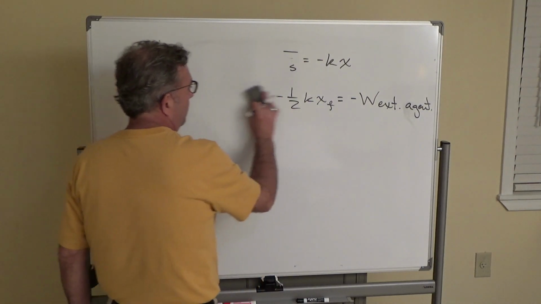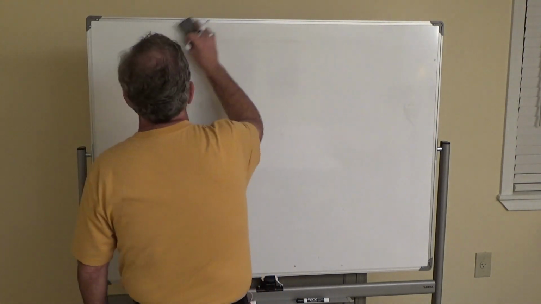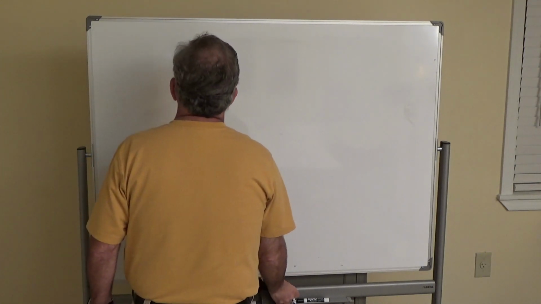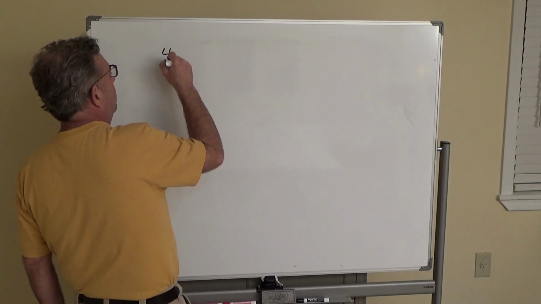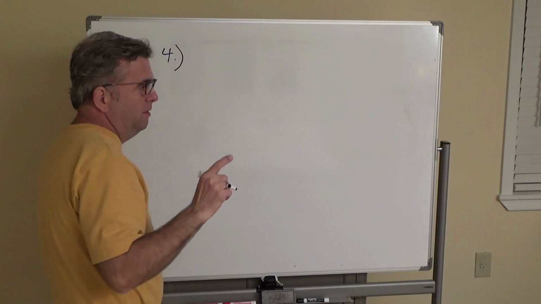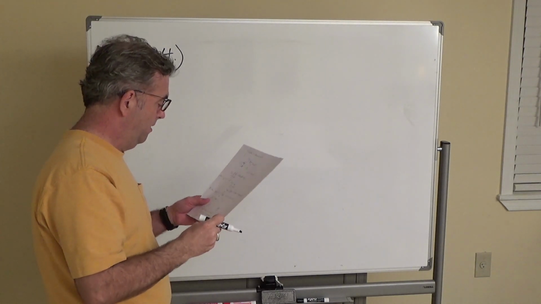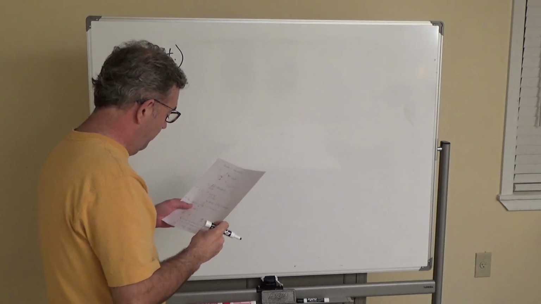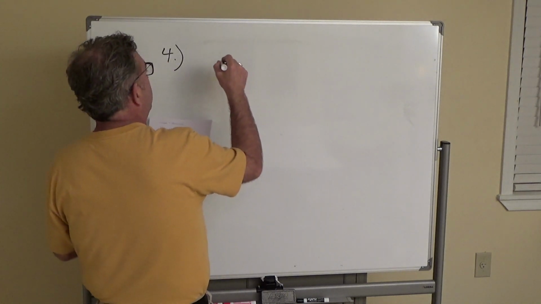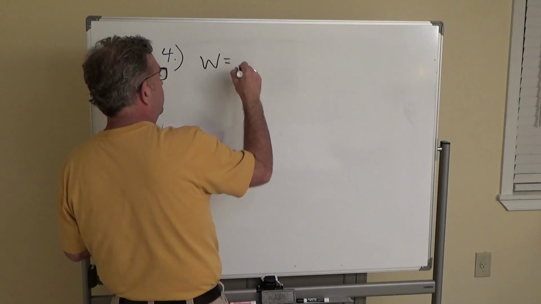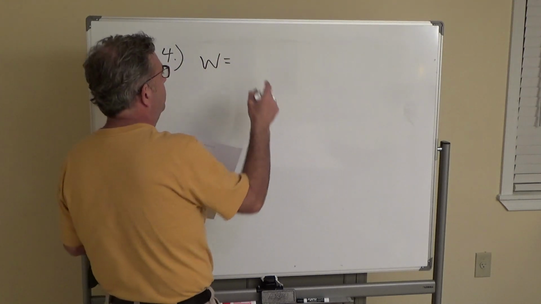Number 4 is the rifle with the bullet. It's just how much work is done on the bullet.